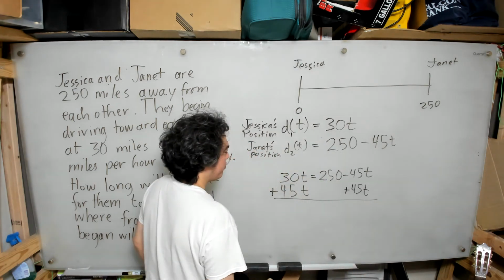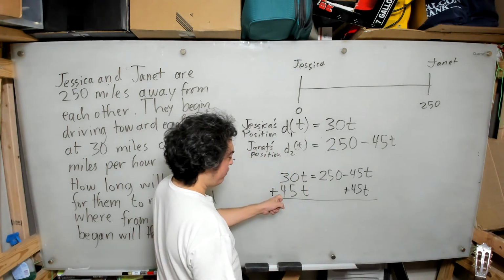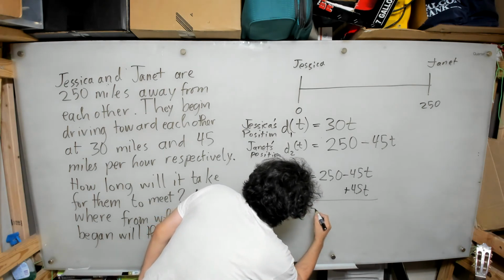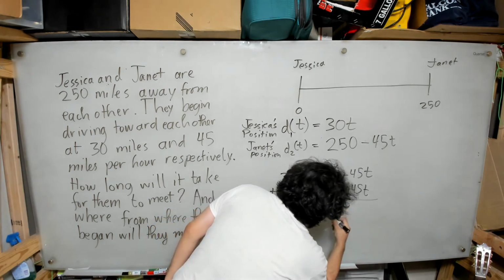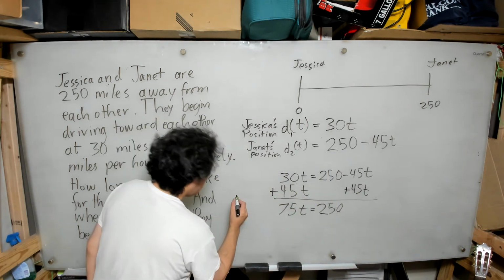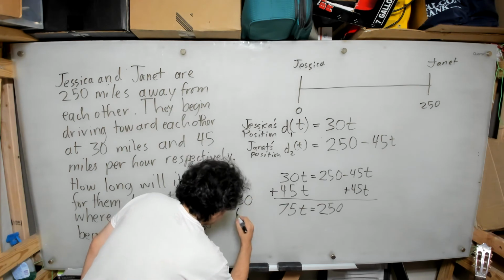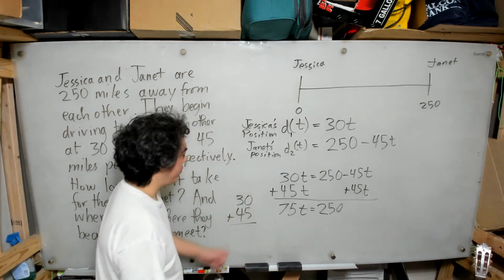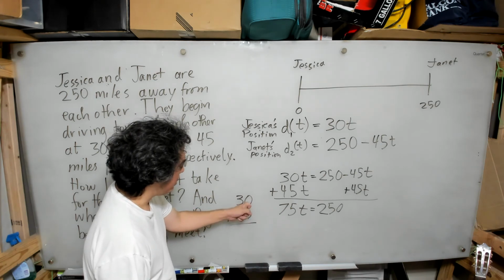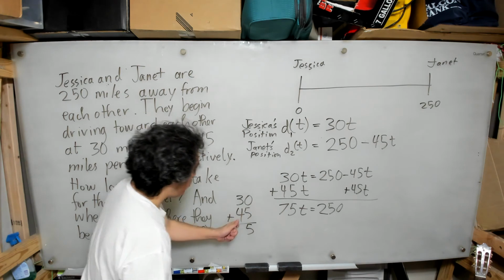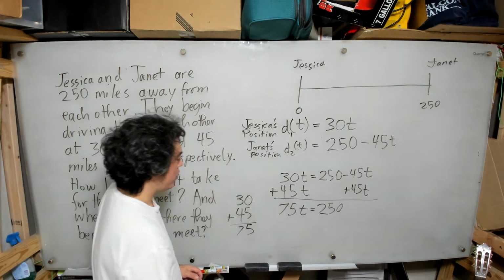This gives us 30T plus 45T, which is 75T, and that's going to equal 250. Let me do that for you here on the side so you can have no doubt that you can do it. 0 plus 5 is 5, and then 3 plus 4 is 7.